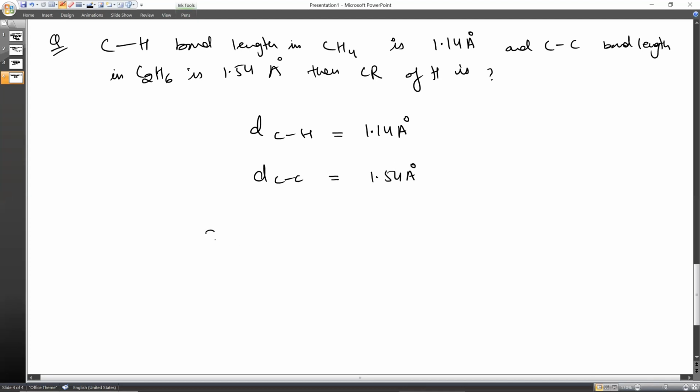Now you know that the covalent radius of carbon will be equal to the CC bond length divided by 2. Because this is a homonuclear molecule, we can easily calculate it by dividing by 2.